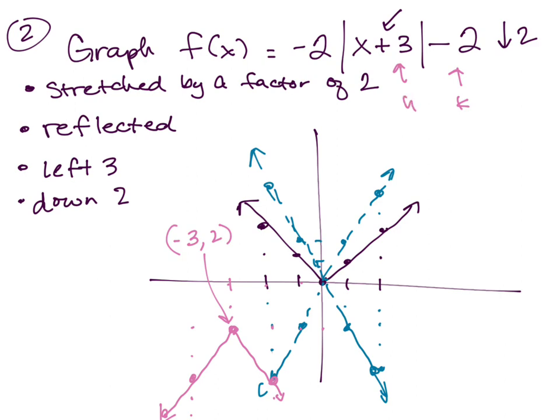Your new vertex is going to be located at negative H, K. Vertex meaning this corner spot. The turning point of the absolute value function. H is negative in my ordered pair because insiders lie. So if that's a 3, my new vertex is going to be found at negative 3, negative 2. K tells the truth.